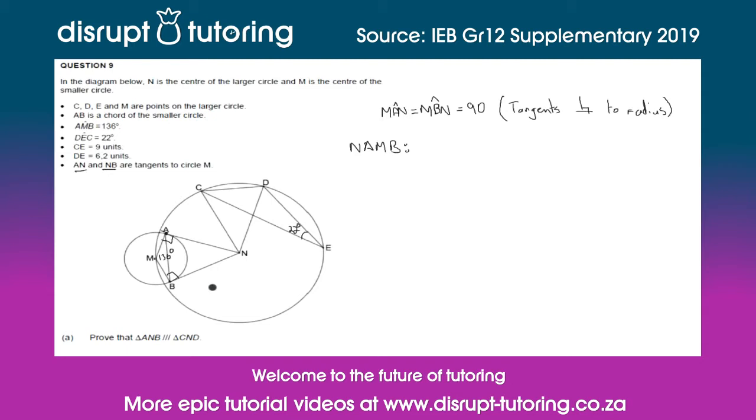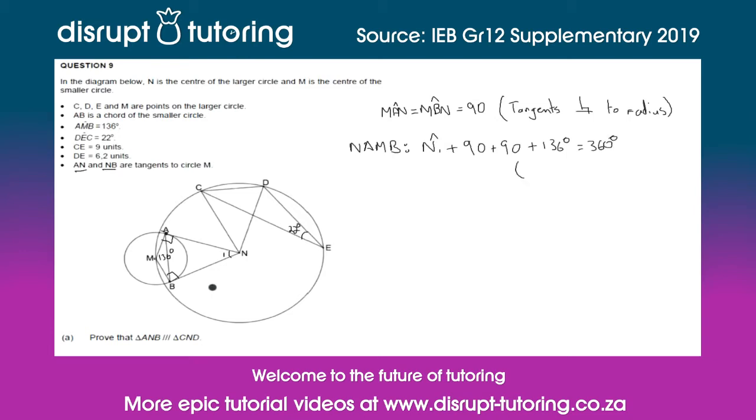So if I name this angle here N1, then N1 plus 90 plus 90 plus 136 degrees should equal 360 degrees.